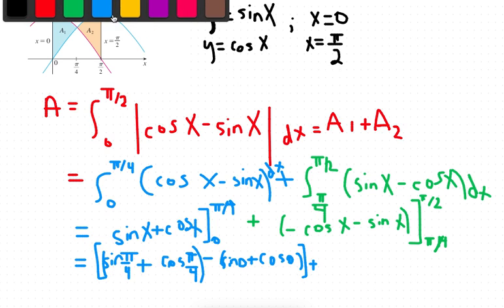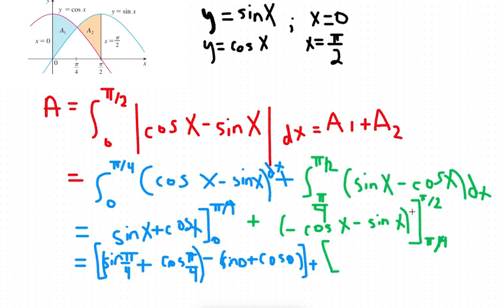So you're going to do those plus, now I'm going to switch to green. For this one, you're going to do upper limit minus lower limit.